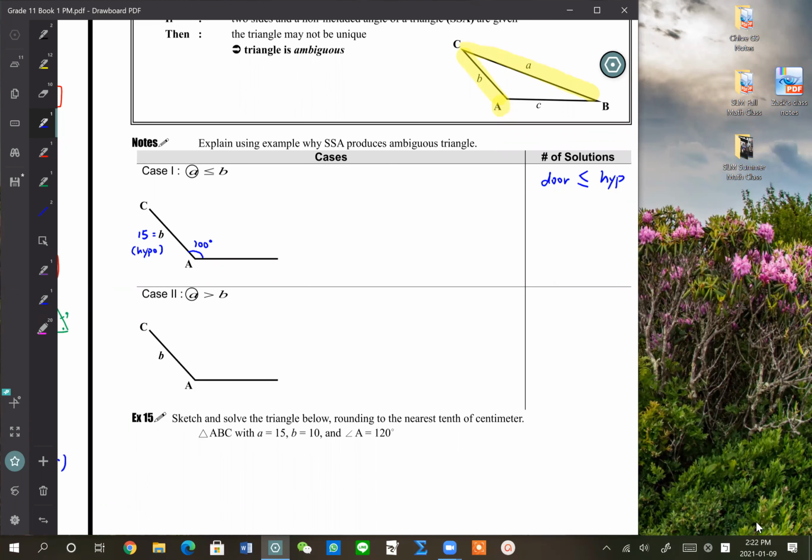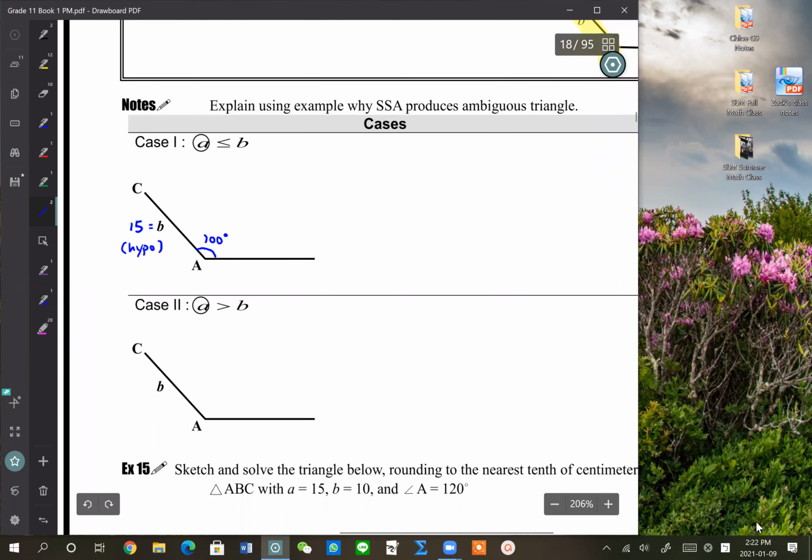Let me draw it out. This one is 15, so 10 will be about here. No matter where I put the 10, it's never going to touch the other side, because it's too short. It will be floating in the air.